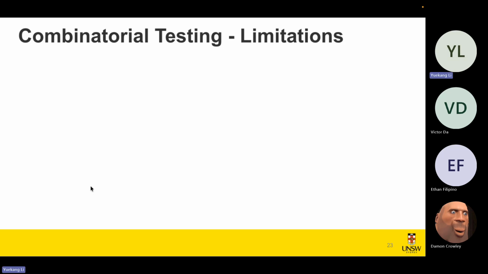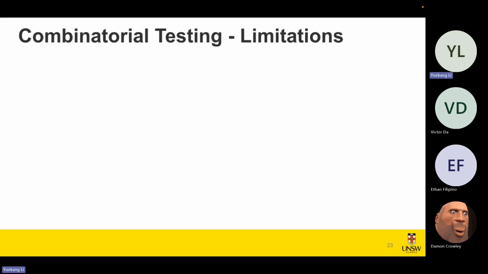So just now we consider we have learned the definition of combinatorial testing, and we have learned how we calculate the covering array to create a smaller test suite, right?